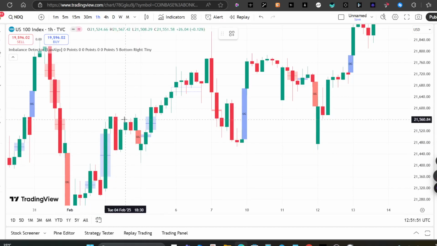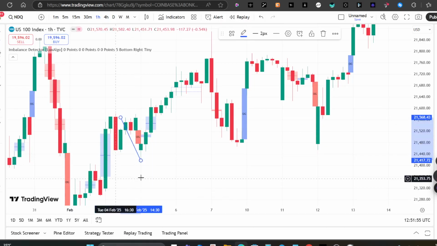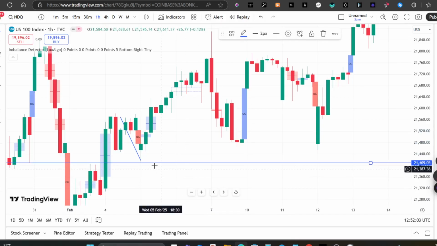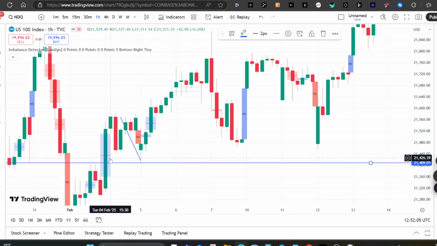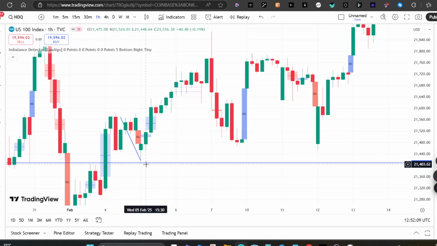So price eventually came back down, although it didn't fill the imbalance completely, at least it got to over 50% of that imbalance. You can see this particular level where it got to.